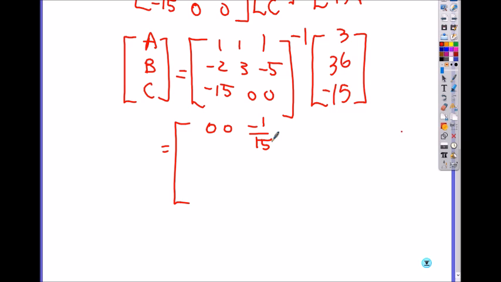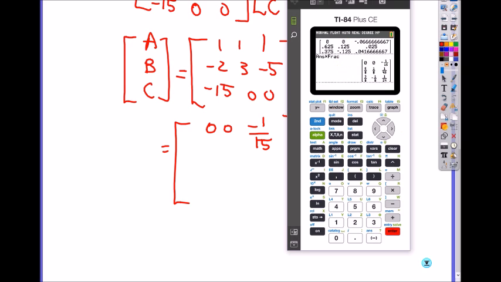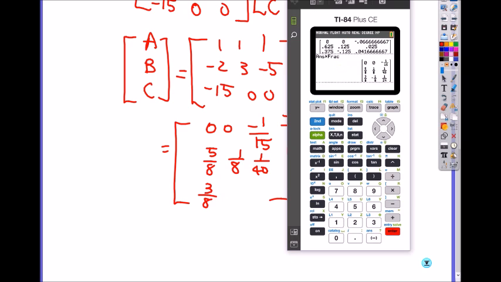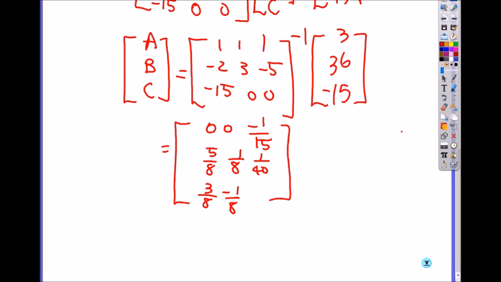You have to give me the inverse matrix to get full points: 5 over 8, 1 over 8, 1 over 40, 3 over 8, negative 1 over 8, 1 over 24.